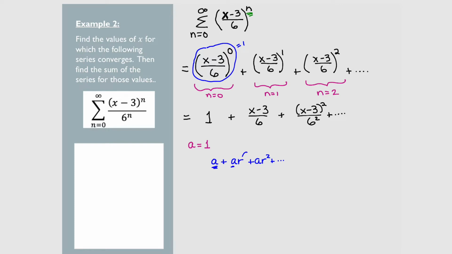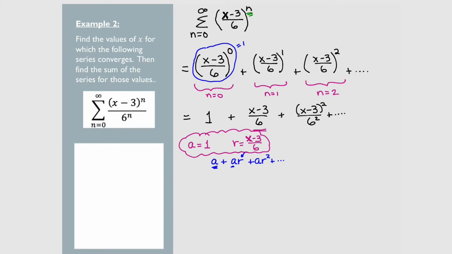So the r value is the thing I multiply by a to get my next term. So if a is 1, to get the second term in this geometric series, I would have to multiply 1 by (x minus 3)/6. And so that tells me that my a value is 1, but more specifically also that my r value is (x minus 3)/6, as weird as it seems. I've got to keep that variable.